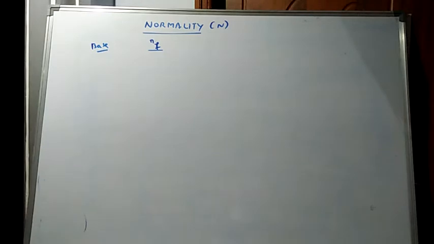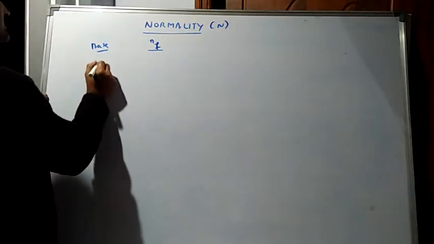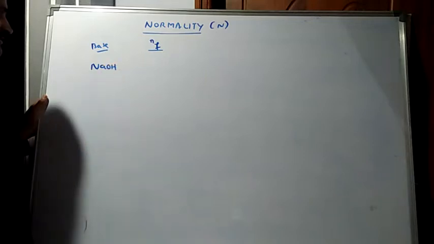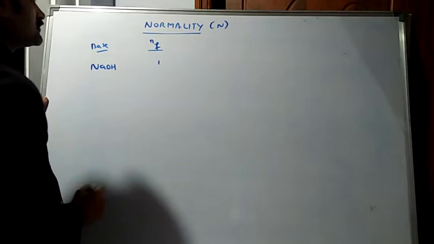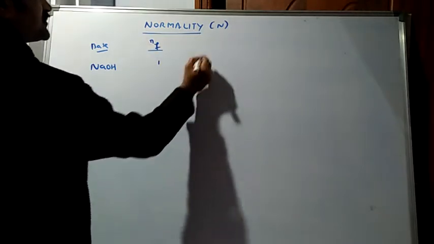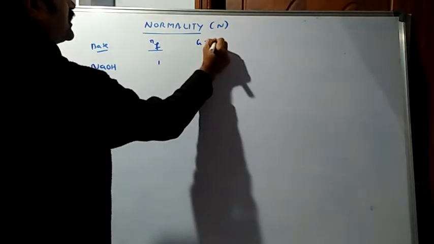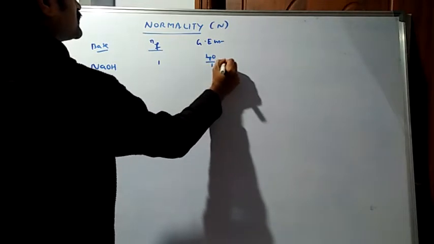In bases, we will take simple examples to understand the concept. First we will consider sodium hydroxide. In this there is only one displaceable OH group. So the N factor is 1, which is nothing but the acidity of this base. So GEW will be equal to the molecular weight, 40 by 1, is 40 only.